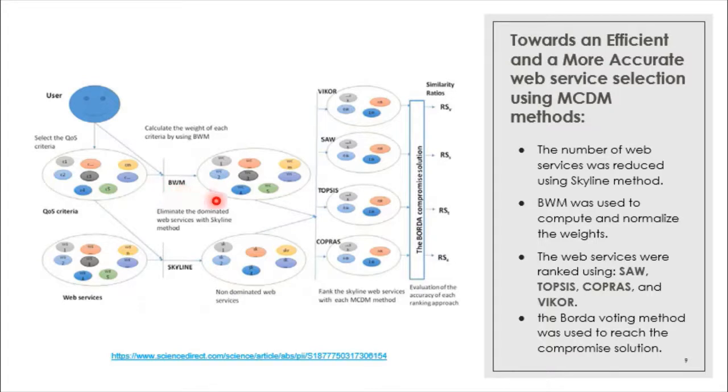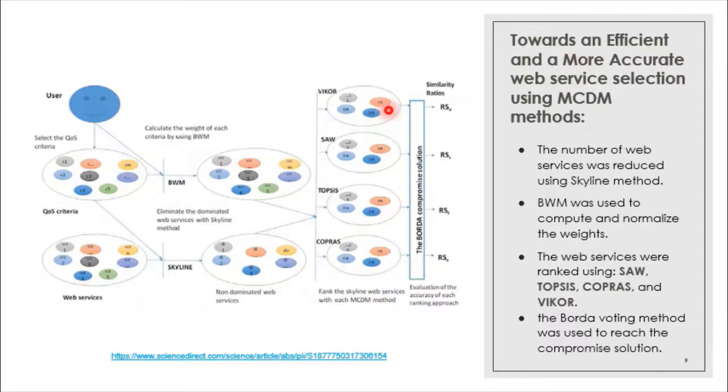Next, we have to rank these web services according to the weights we calculated. Thus, the authors elected to use 4 different methods to determine this ranking. These methods were VIKOR, SAW, TOPSIS, which we discussed earlier, and COPRAS.